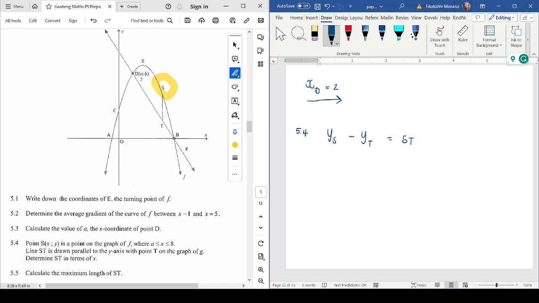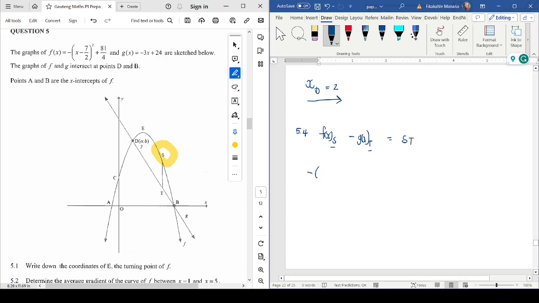So we have f of x, the y-coordinate there, which is S, and for T, that is where we have g of x. I hope I'm making sense. So basically you're going to take the equation of f and subtract the equation of g, and then you're going to get the length of ST. So let us do that.